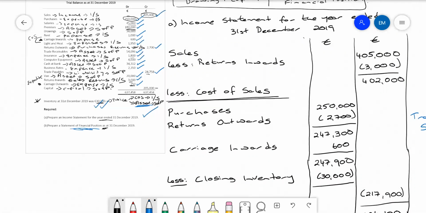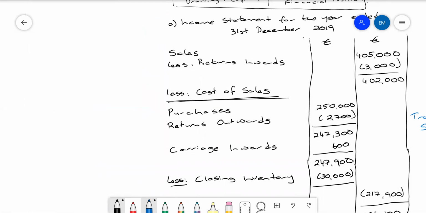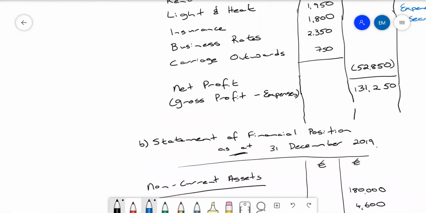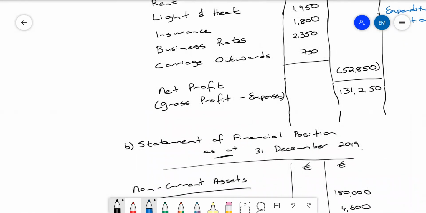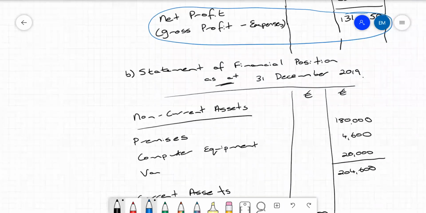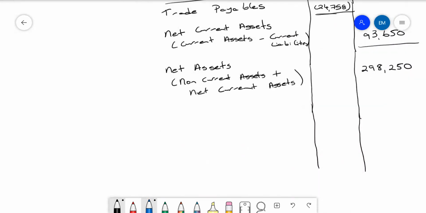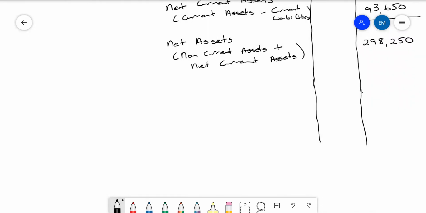We have our capital figure of €205,000 and our drawings figure of €38,000. And there's another figure that goes into the capital section, and that will be our net profit of €131,250, and it is the net profit that links our income statement to our statement of financial position. And if it was a net loss, you would put that in as a net loss.